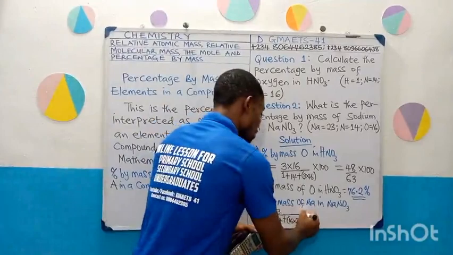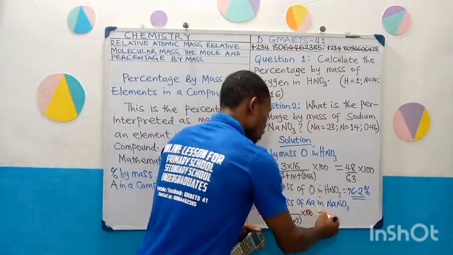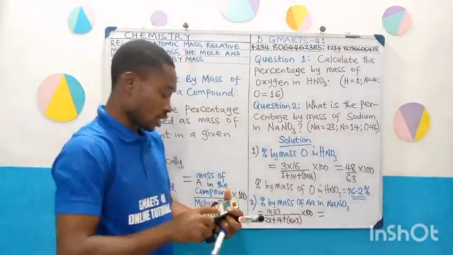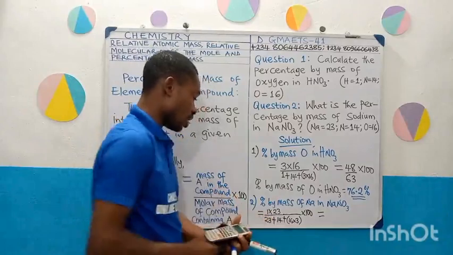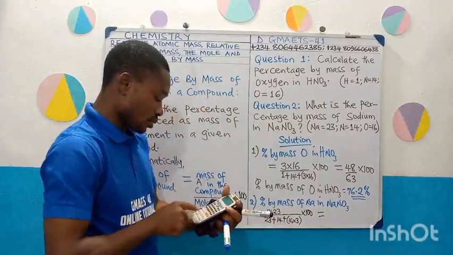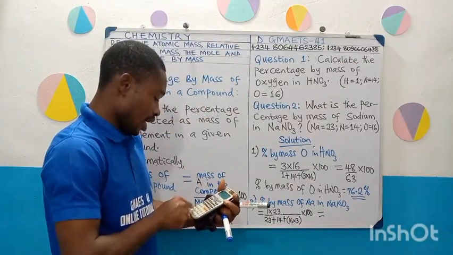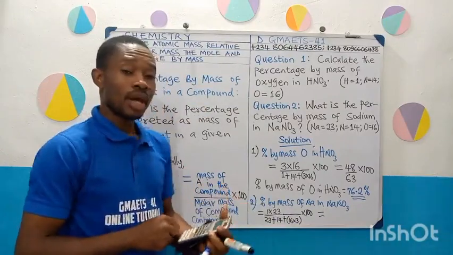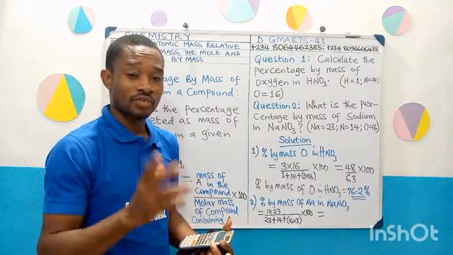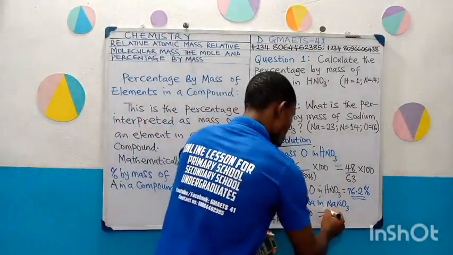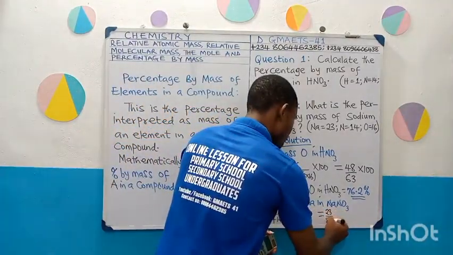So we would multiply it by 100. Let me solve everything there, okay? Just work it out once. The denominator here would give us 16 times 3, 48, add 14, and then add 23. So the molar mass of sodium trioxonitrate 5 is 85. So this is equal to 23 over 85.